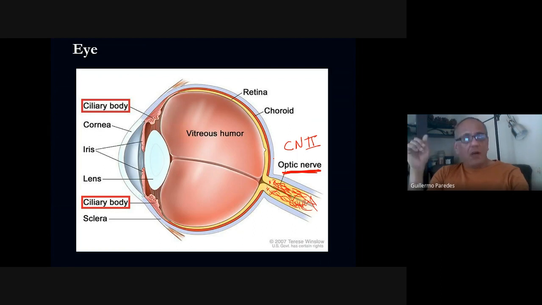The retina has neuroreceptors, specifically photoreceptors, receptors that are sensitive to the light, and that is going to transmit the electrical impulses into the optic nerve that goes to which lobe for vision? Which lobe? Occipital. The occipital lobe. Very good.